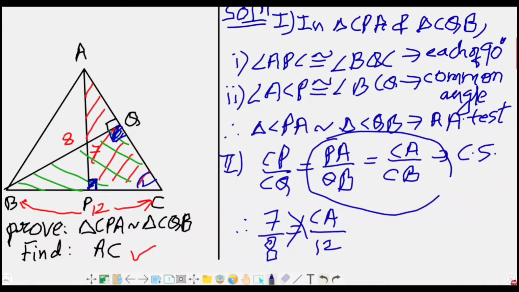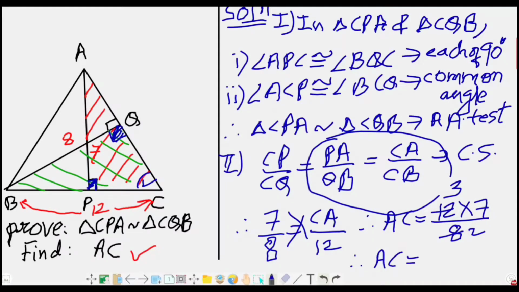When you cross multiply, your AC will be 12 into 7 upon 8. 4 twos are 4, 4 threes are 12. So you will get 21 by 2. What's 21 by 2, students? Yes, 10.5. They have not given centimeters, so keep it as 10.5 only.